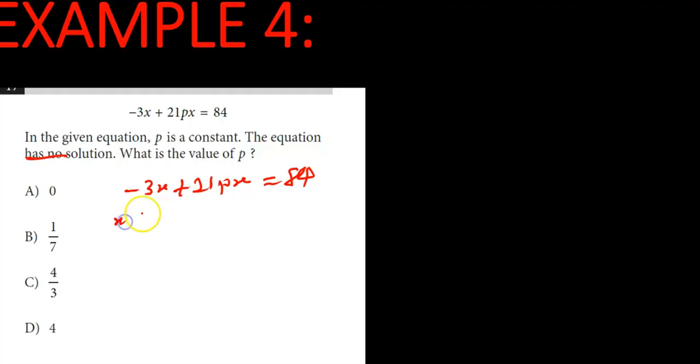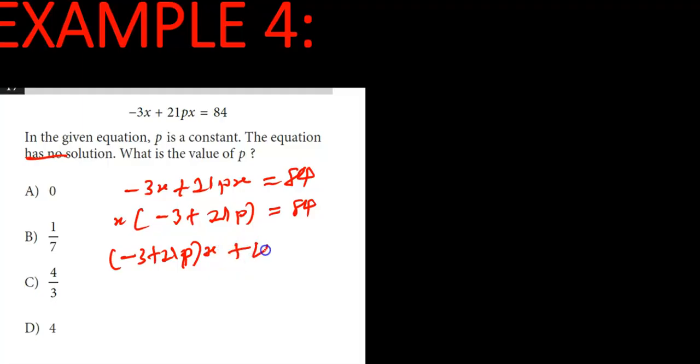If I bring x out, I will have (-3 + 21p)x equals 84. Don't forget that I want to have something like ax + b equals px + q. So in this case, my a is -3 + 21p. So this is the x coefficient here.